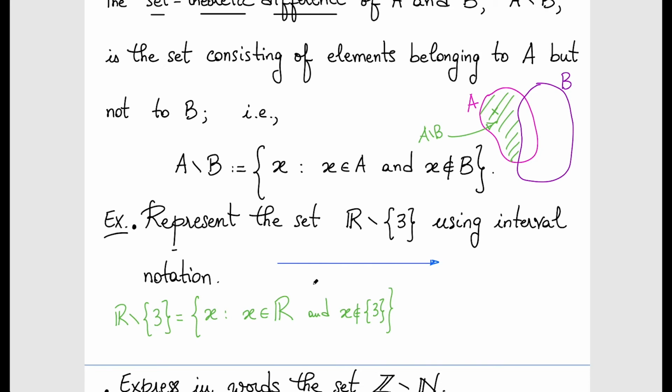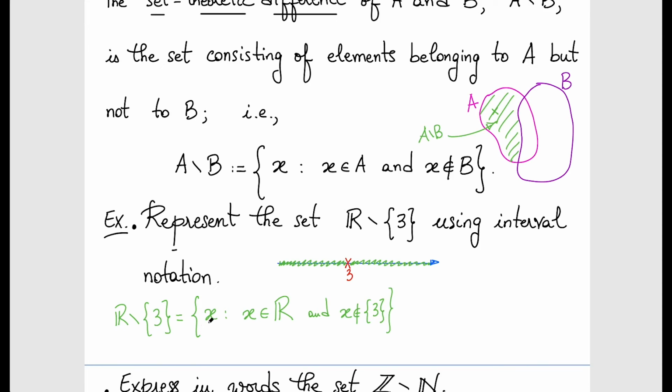The only guy that's not green is 3. Correct? So all of them except 3 are green. Let's say that this guy is red. That's the guy 3. That guy is the only guy that's not green.